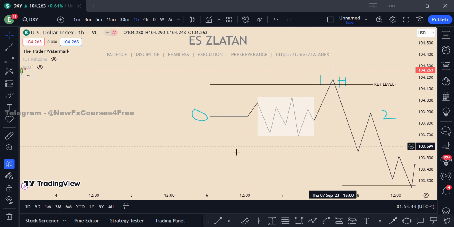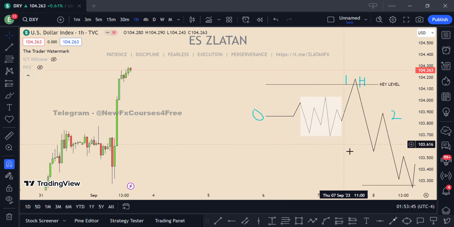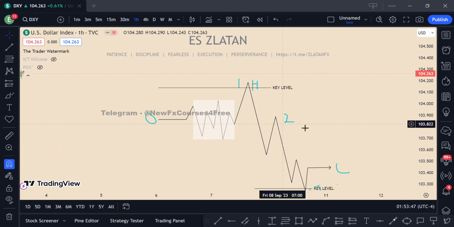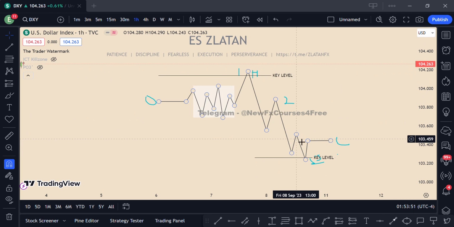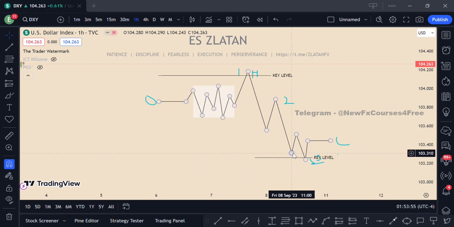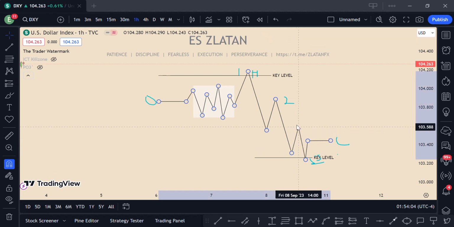Now, let's talk about something right here. This move right here, you can notice I didn't draw it straight to that key level, right? Most of the time, listen, when the market is getting close to a key level, it has a very, very strong pullback, a deep pullback.